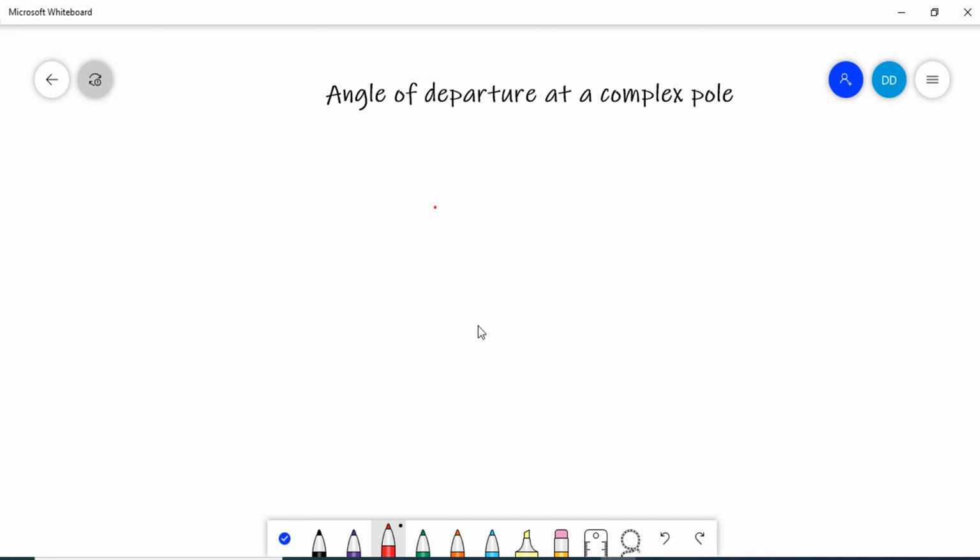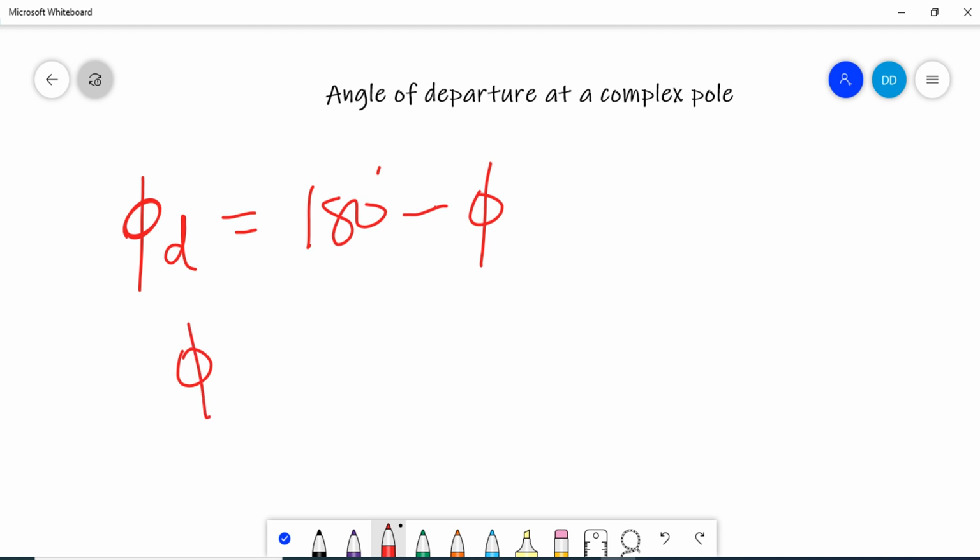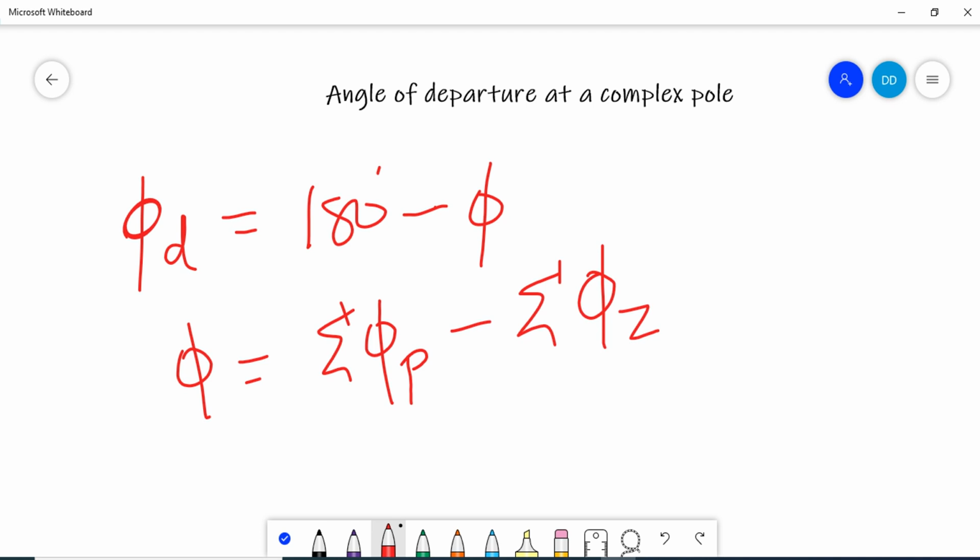The angle at which a root branch leaves a complex pole in the s-plane is called the angle of departure. It is given by phi d equal to 180 degrees minus phi, where phi is the summation of the angles made by the poles minus the summation of the angles made by the zeros.